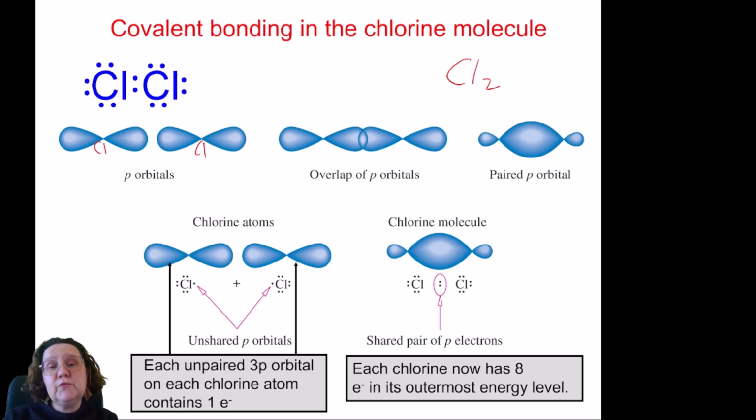So the bond forms. We call it a sigma orbital because you have made it by pairing two orbitals, in this case p orbitals. And then you will have the chlorine atoms and the two electrons that will spend most of their time, the region where they are more likely to be found, in the middle, in between those two chlorine nuclei.